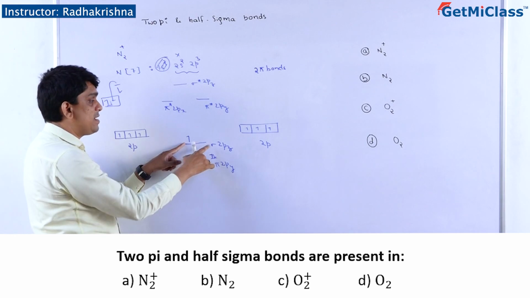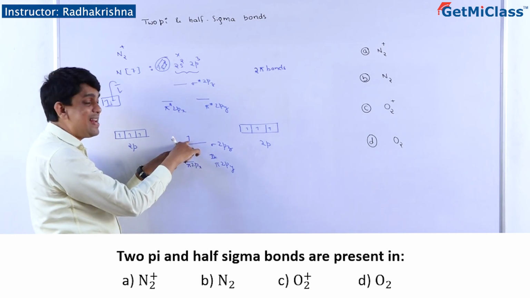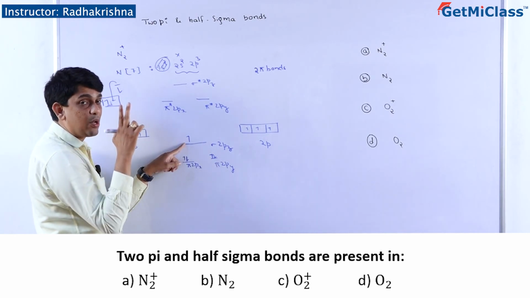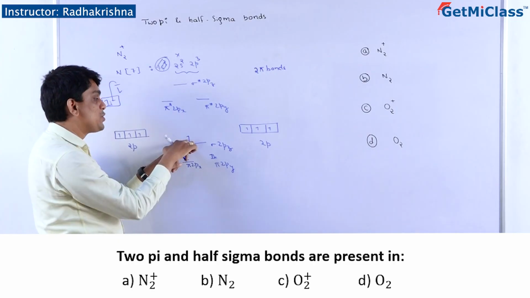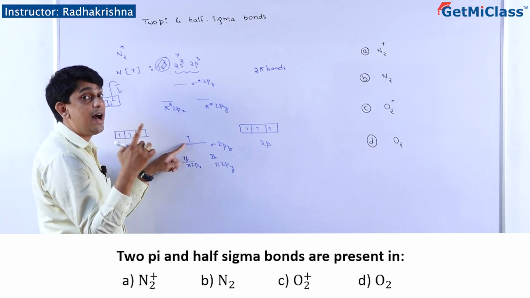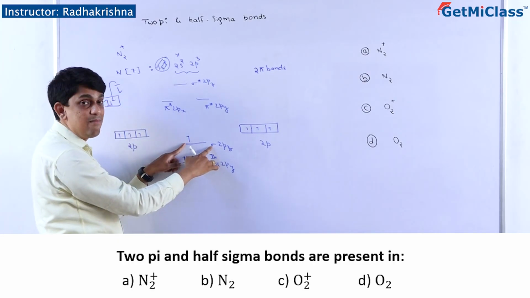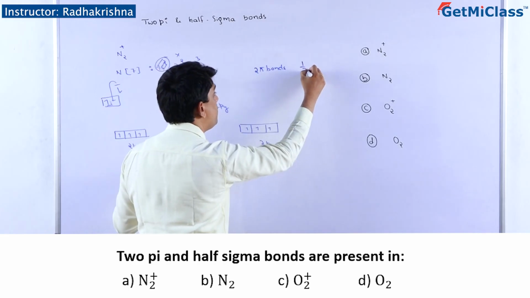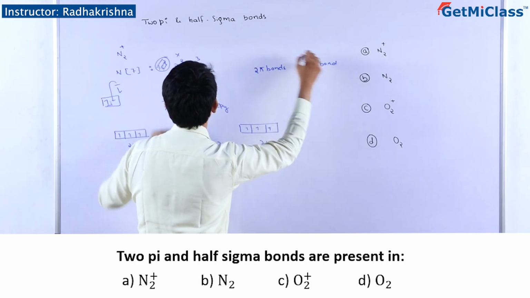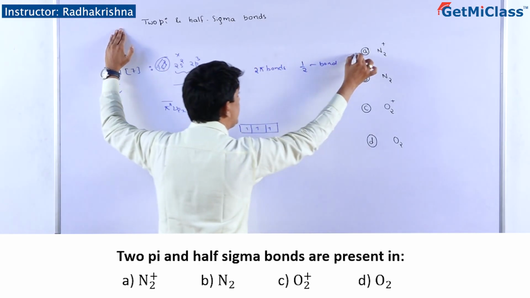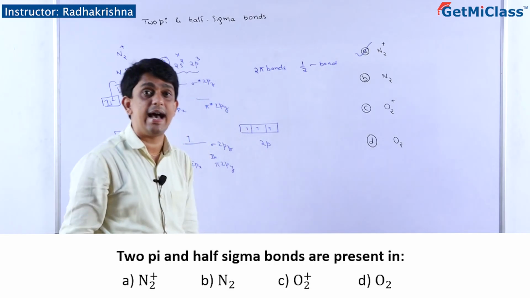And you have sigma bond with 1 electron. When 2 electrons can give you 1 bond, half an electron can give you half a bond. So how many sigma bonds? Half a sigma bond. So this is what they asked, right? So absolutely option A we have to tick as the right answer.